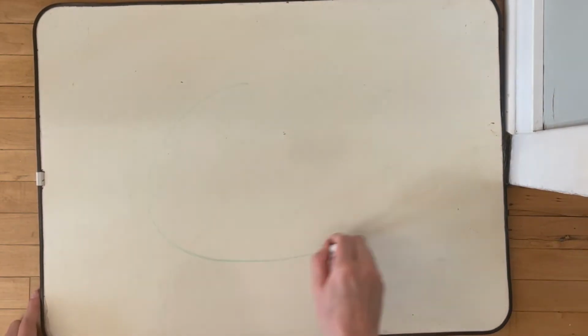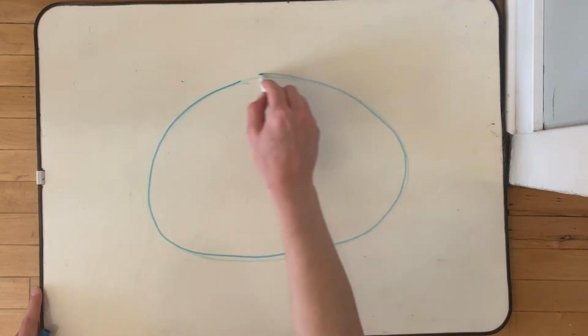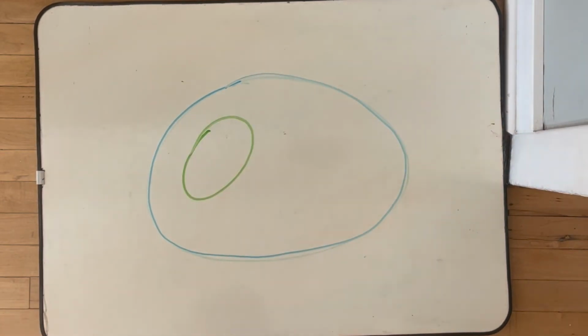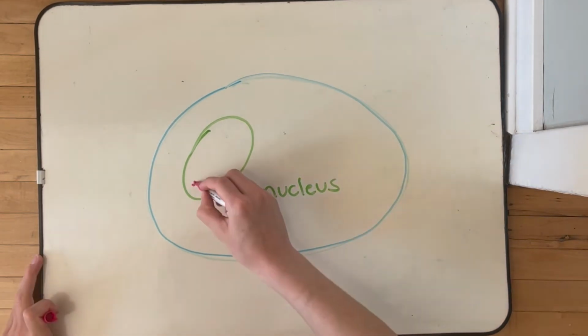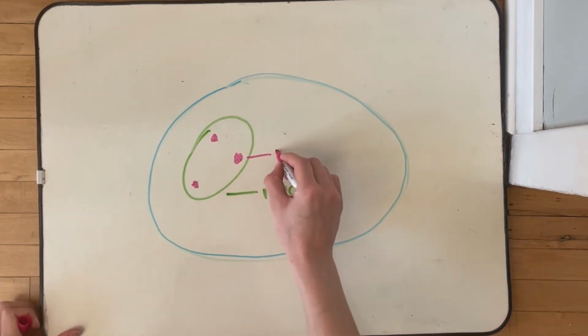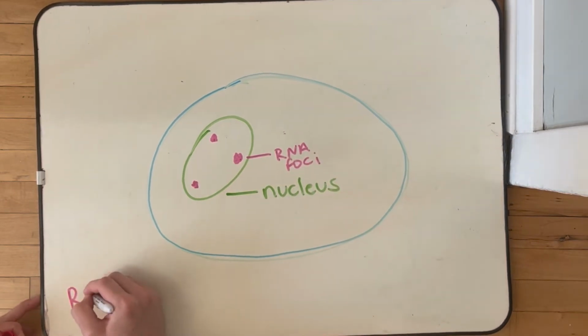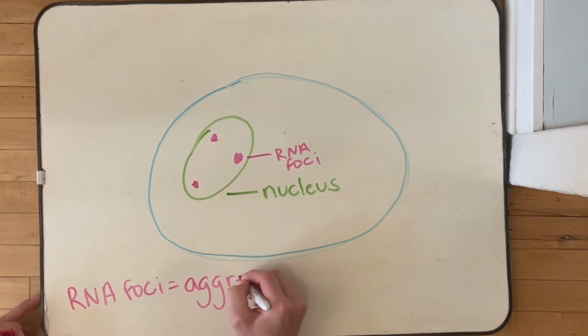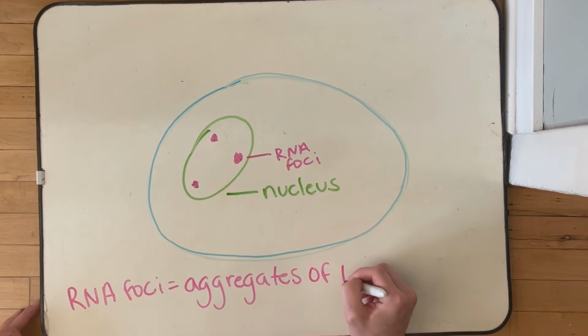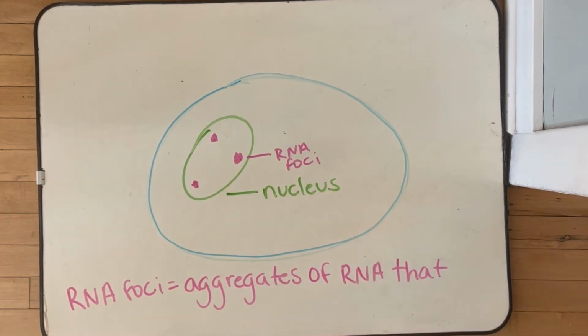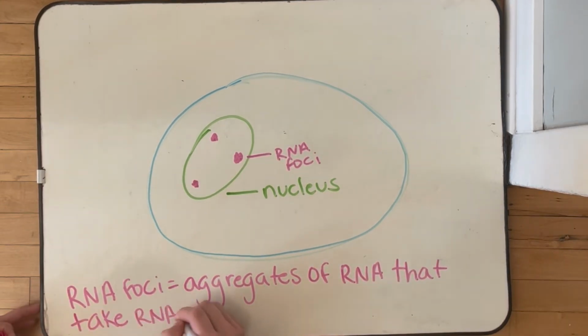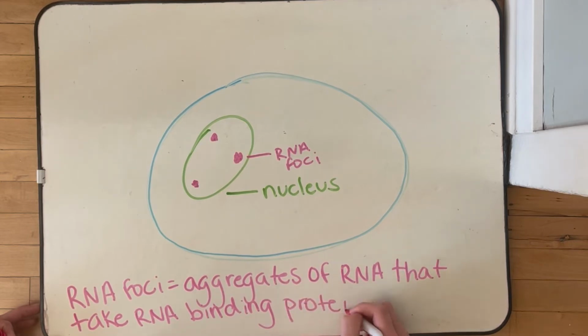It has also been found that these repeat expansion mRNAs will accumulate in the nucleus and form these things called RNA foci, which are aggregates, like I said, of RNA that take up RNA binding proteins inside the nucleus, and so those cannot be used to transcribe new RNA, and they are toxic to cells.